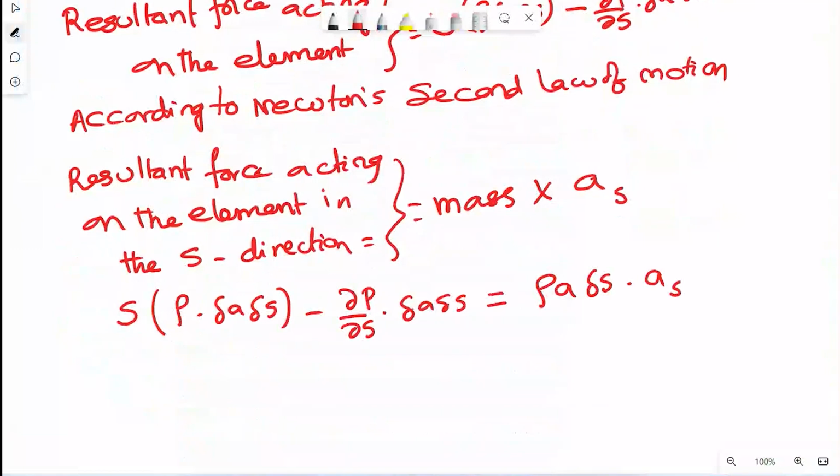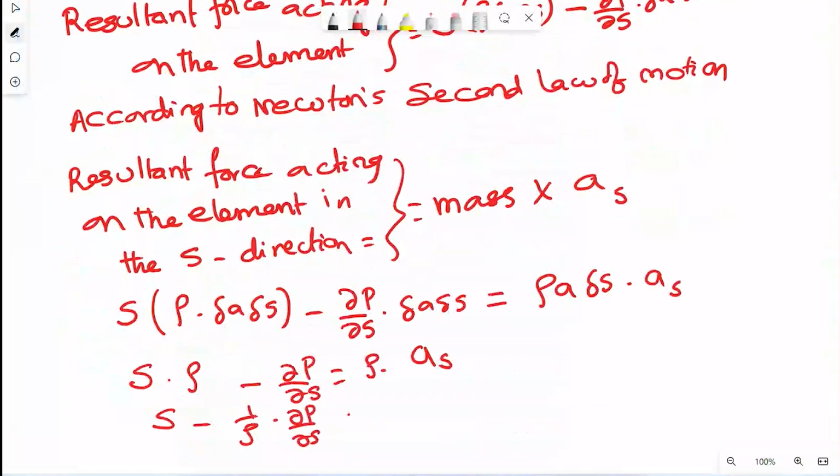Naturally, you can remove delta A delta S throughout. Then S into rho minus dou P by dou S is equal to rho into AS, right? Then if I divide by rho, S minus 1 by rho dou P by dou S is equal to AS.